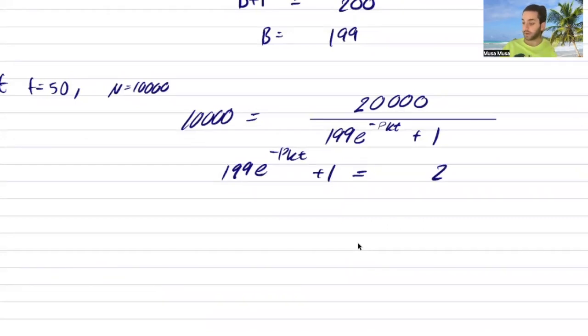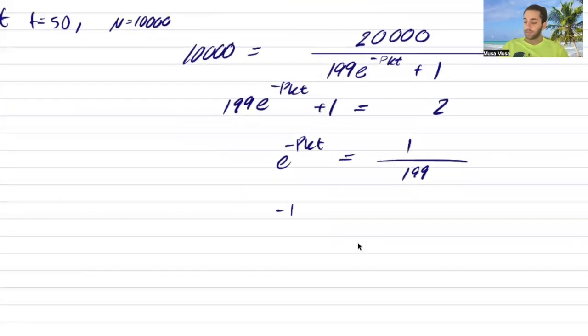Then we divide by 199. And we get e to the minus pkt equals 1 over 199. And that means minus pkt equals ln of 1 on 199, which is minus ln of 199.